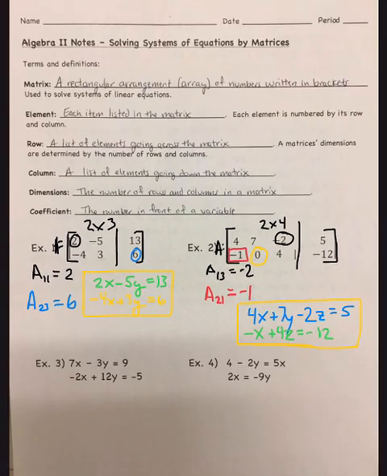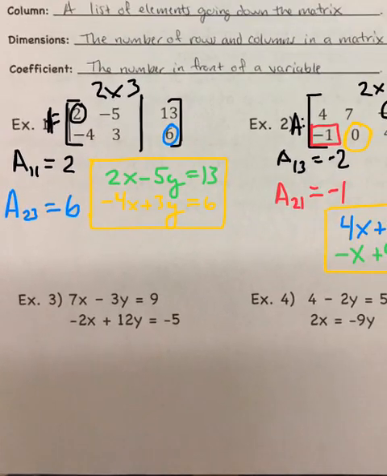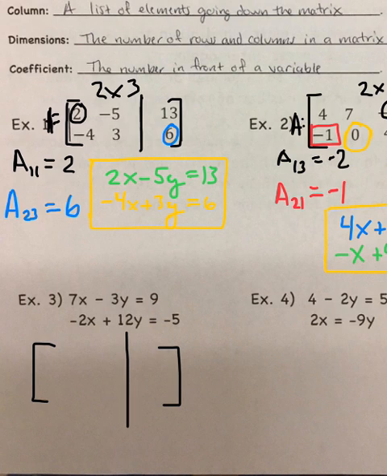Now, if we have equations, like example 3, with x and y, and we want to write it as a matrix, first I'm putting in my brackets and my equal-to line. My top line: 7x minus 3y equals 9.